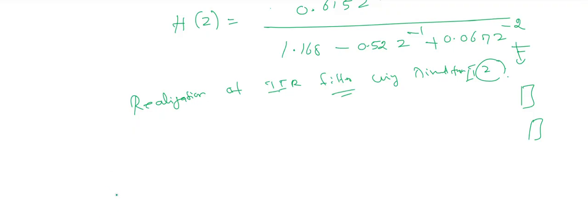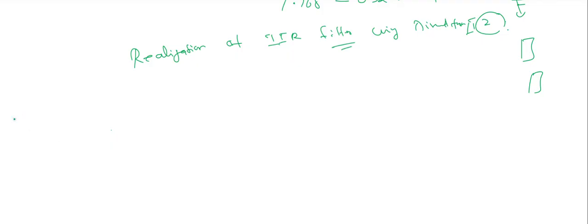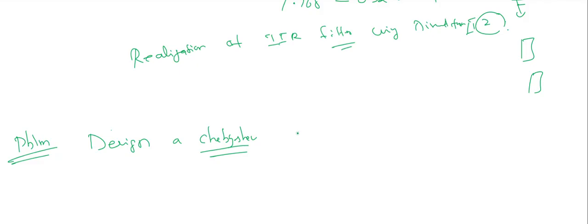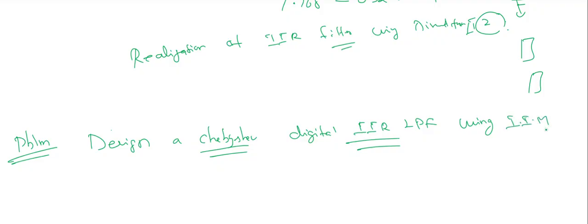So the other problem for practice I'll give. You practice this problem. So design a Chebyshev filter, that is a digital IIR low pass filter, designed from an analog Chebyshev filter using the impulse invariant method.